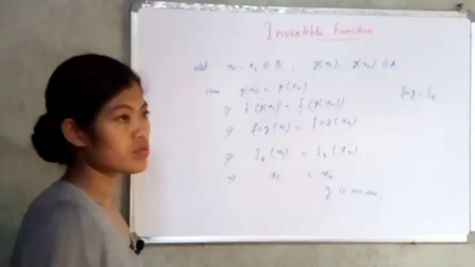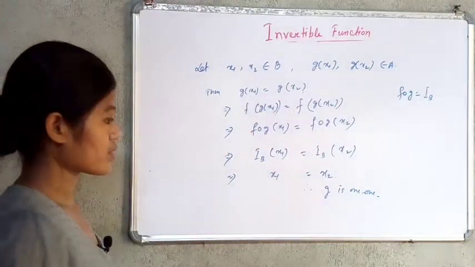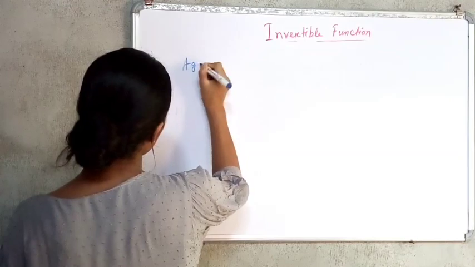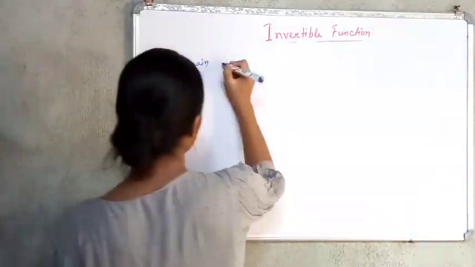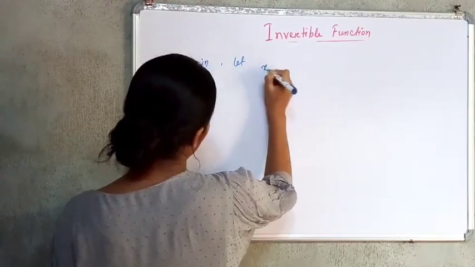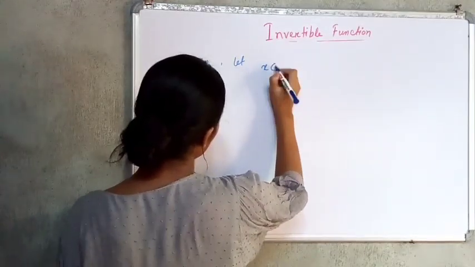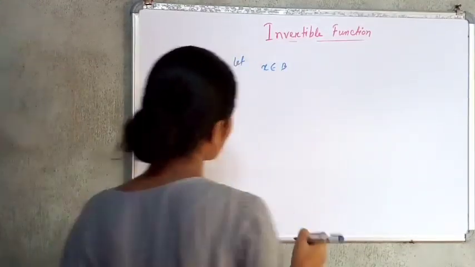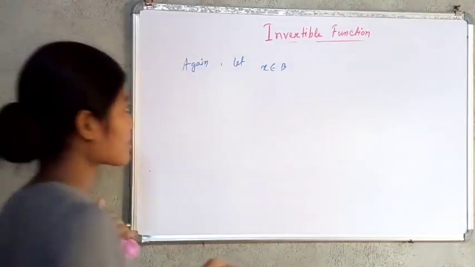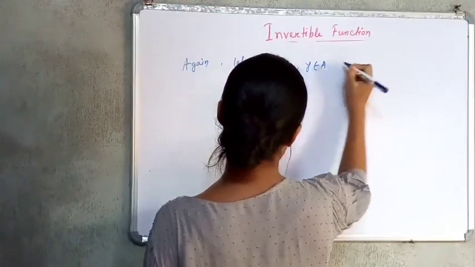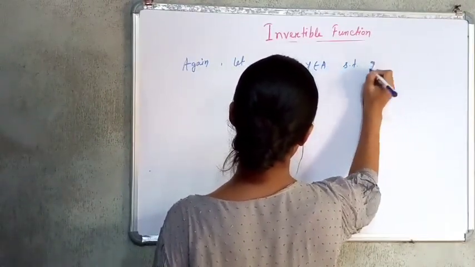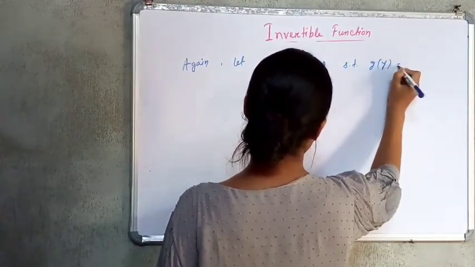Now, to show that f is onto. Again, let x belongs to B. Then there exists another element y belongs to A such that g of y equal x.